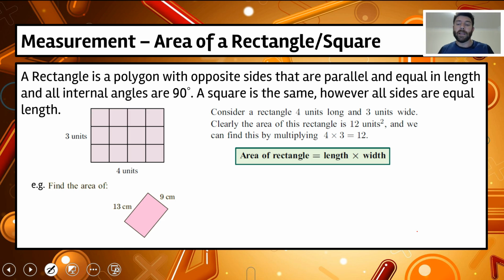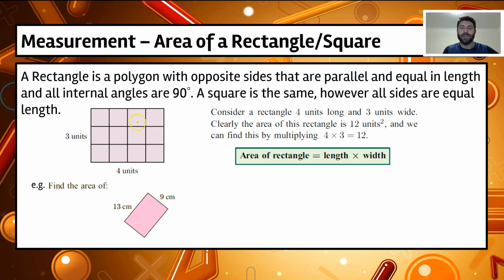All right, let's have a look at a couple of examples of areas. We've got area of a rectangle. A rectangle is a polygon with opposite sides that are parallel and equal in length, and all the internal angles are 90 degrees. A square is the same, but a square is just a rectangle with equal sides. If we have a look at this rectangle here, we've got 3 by 4 units.